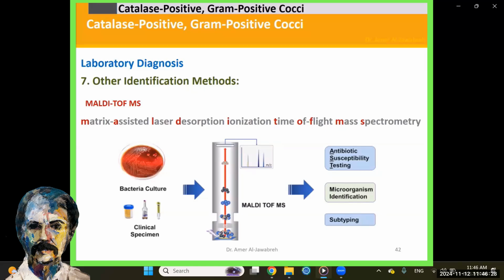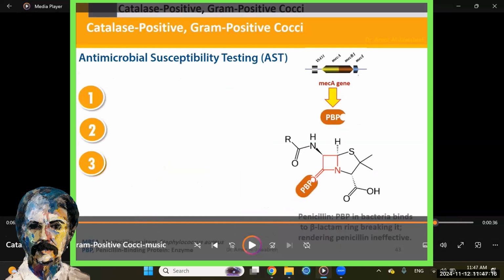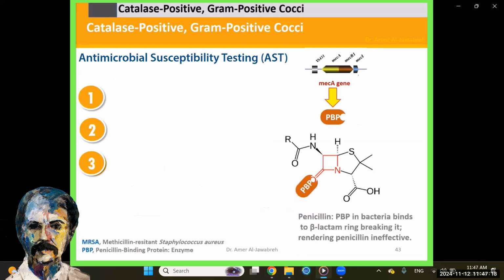And maybe sometimes they can give you the genes which make S. aureus resistant. Okay, so here we have AST, antimicrobial susceptibility testing, or antibiotic sensitivity testing. We have here what we call the mecA gene. What is the mecA gene?